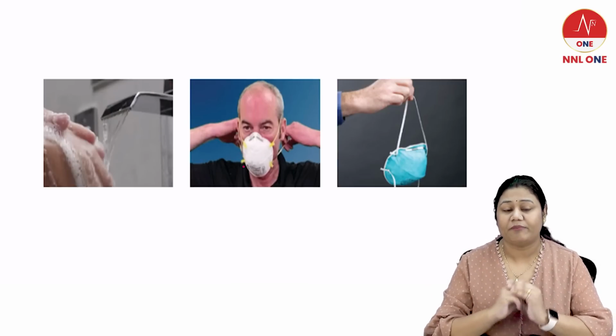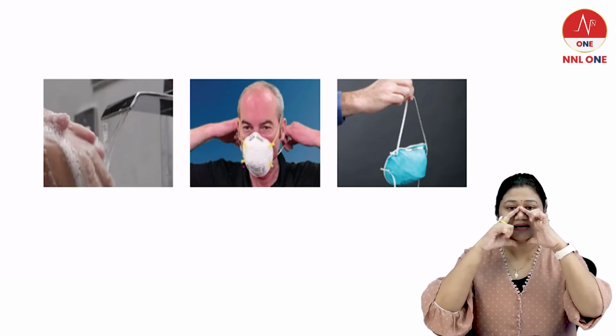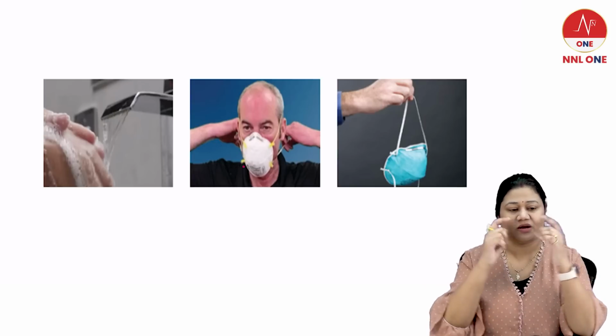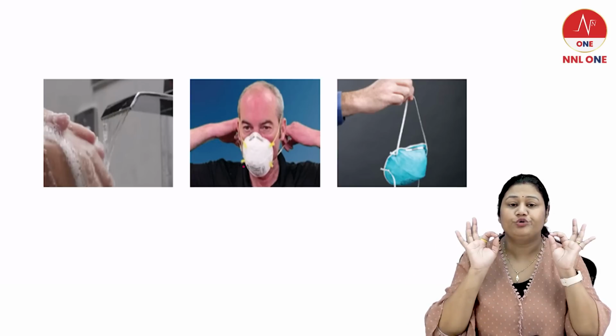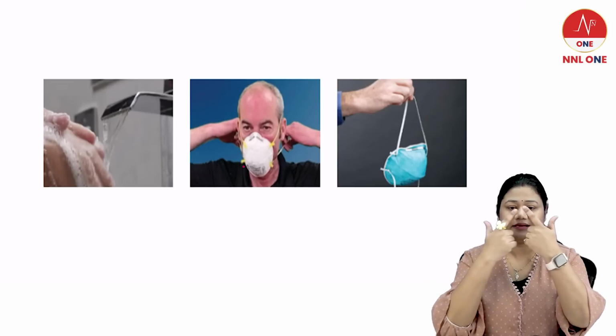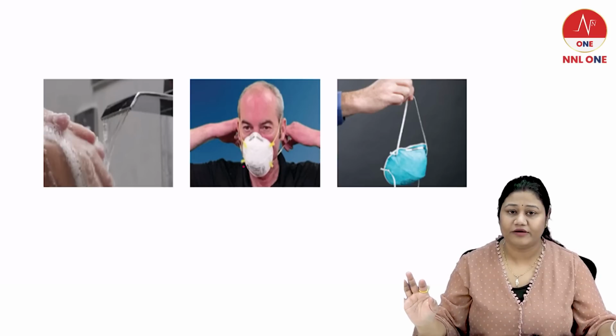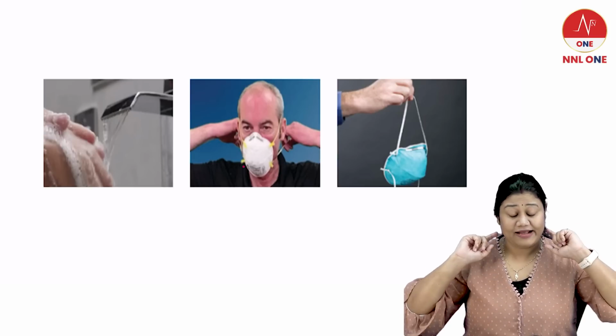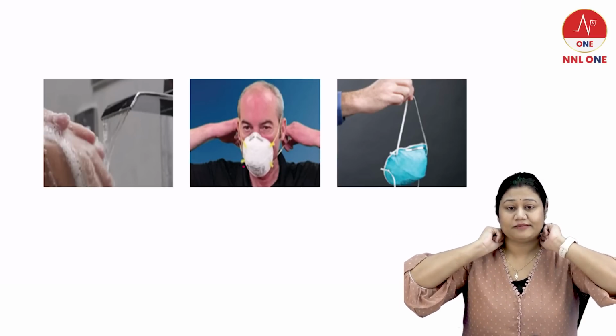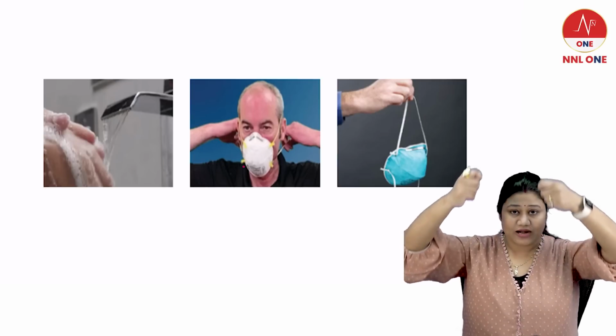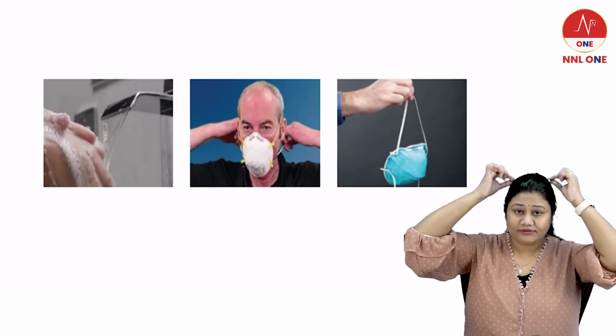Here you need to remember that the front side of this mask is exposed to a lot of microorganisms, so do not touch the respirator from the front side. How will you remove it? While removing, first take the bottom strap, and then take out the top strap.